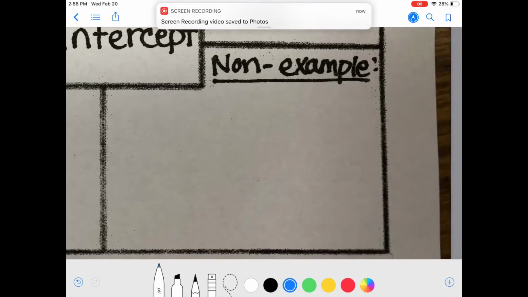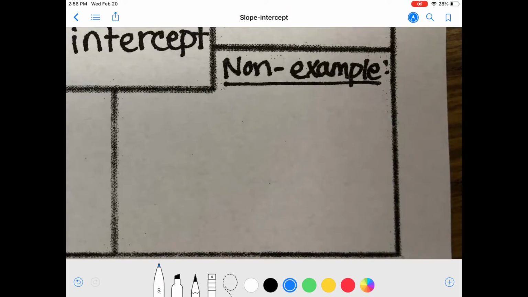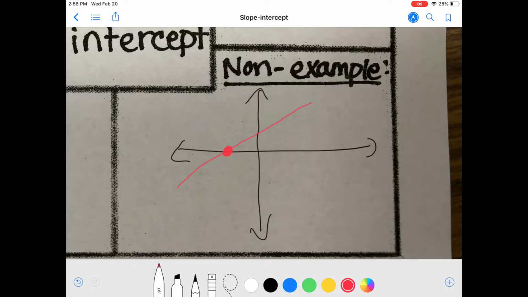A non-example of a y-intercept is if we had a graph and we had the point on the x-axis instead. So remember, this is our y, here's our x. What's wrong about this example is that this dot is on the x-axis and not the y.